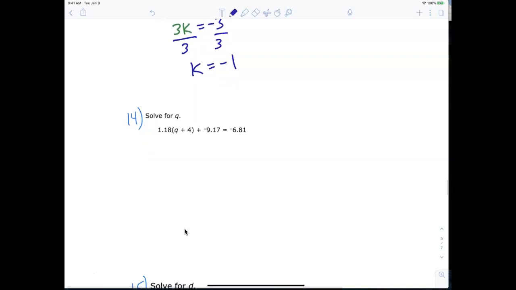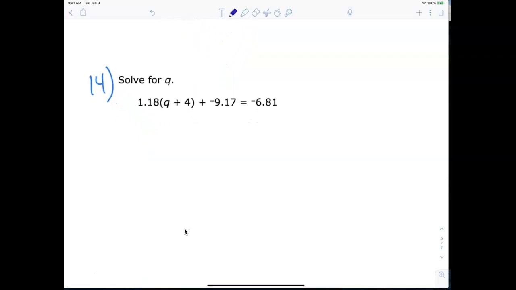Okay, now it looks like they're throwing in some decimals here. So again, I want to rewrite this as 1.18q plus 4 minus 9.17 equals negative 6.81. Now I'm showing you all the work.